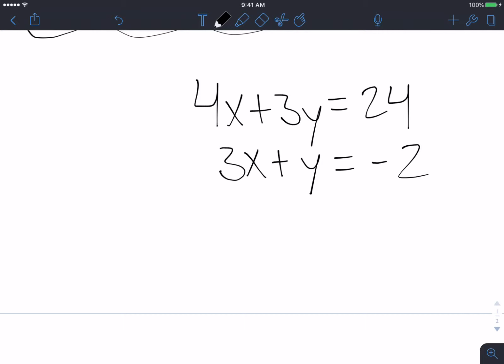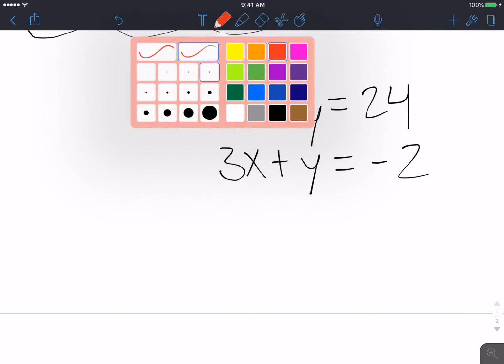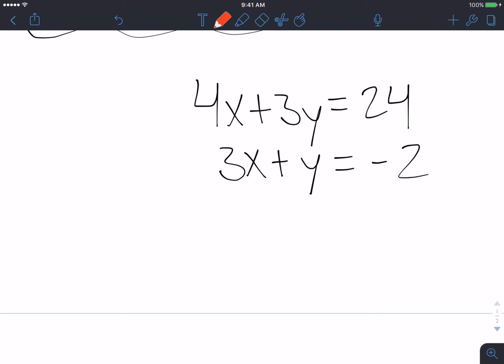Now, as I told you guys before, which variable looks easier to work with? The x's with 4 and 3, or the y's with 3 and 1? This one should be easier to work with right here, the y's, okay?